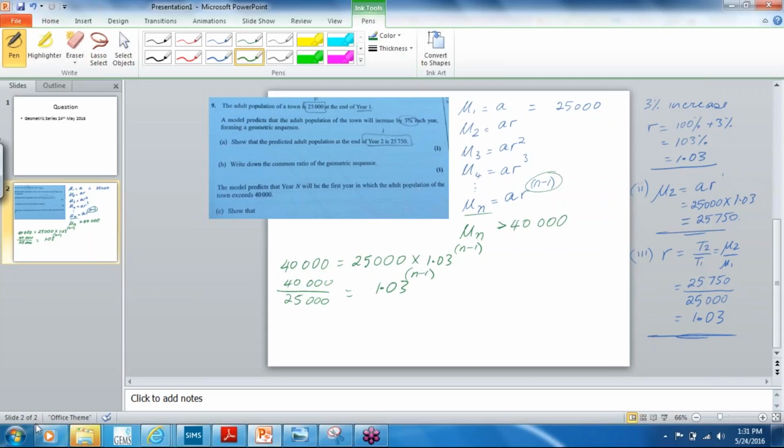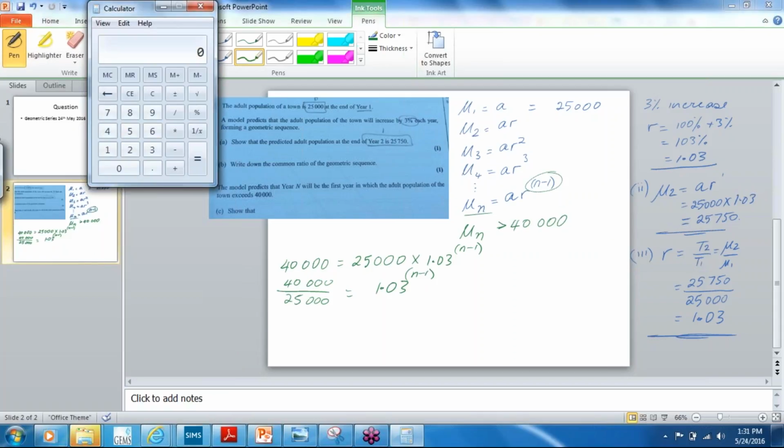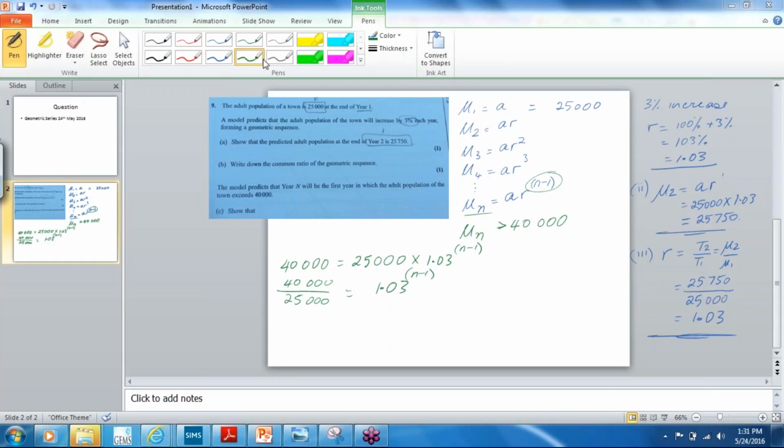40,000 divided by 25,000 equals 1.6, which equals 1.03 to the power of n minus 1.